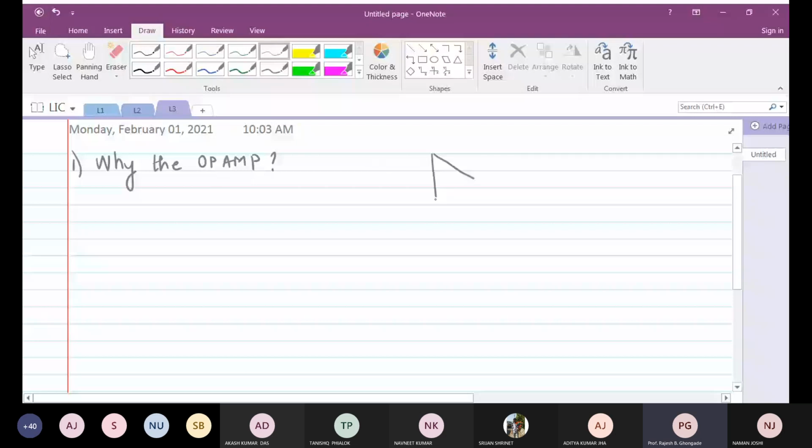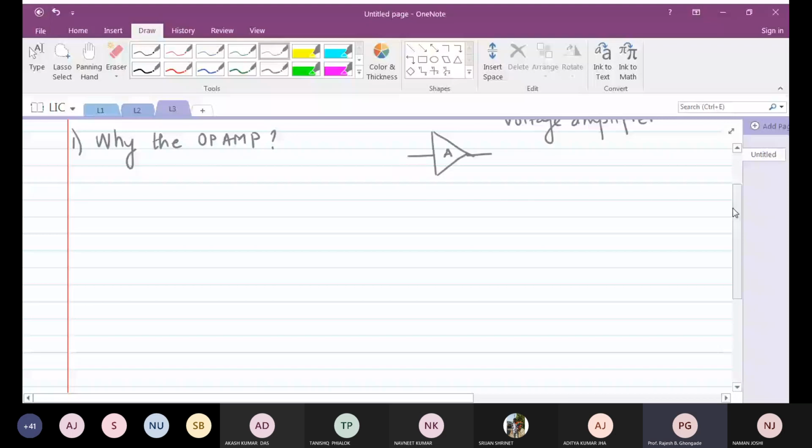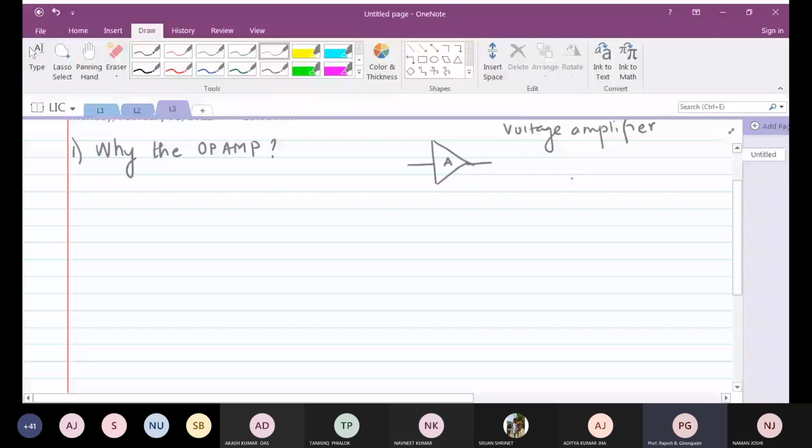Okay, so you must have an amplifier, a voltage amplifier specifically. And why not make a fixed block which will give us sufficient gain, and I can configure this amplifier for various different applications.